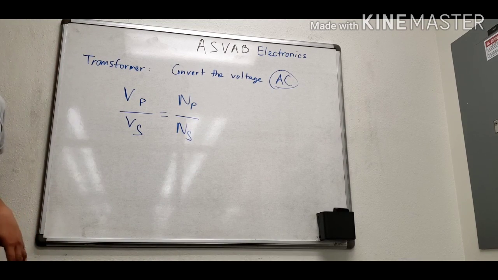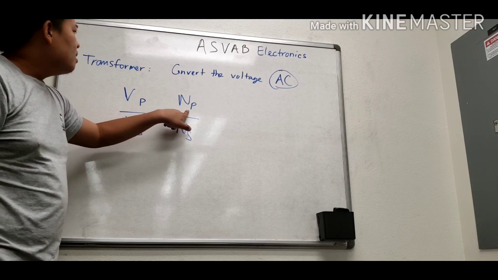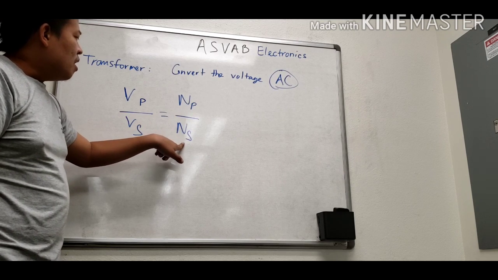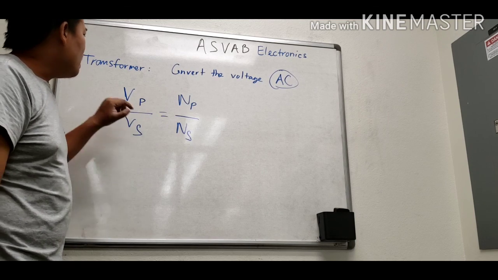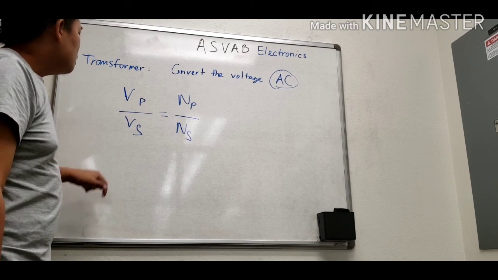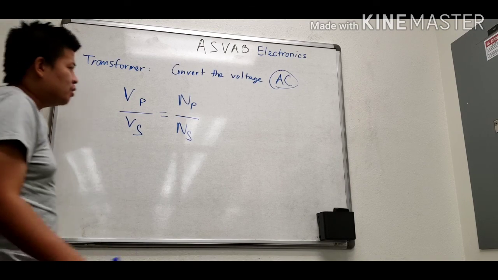The formula of the transformer is the primary winding divided by the secondary winding. This is the total turning coil. This is about the voltage: voltage primary divided by voltage secondary. I will show it for you.